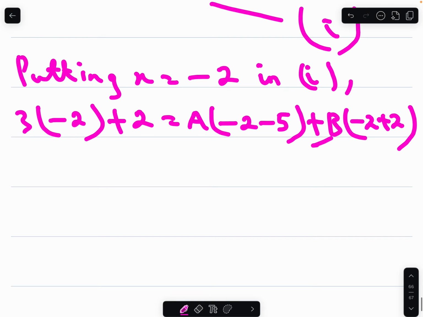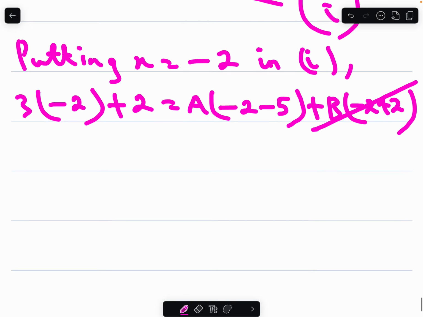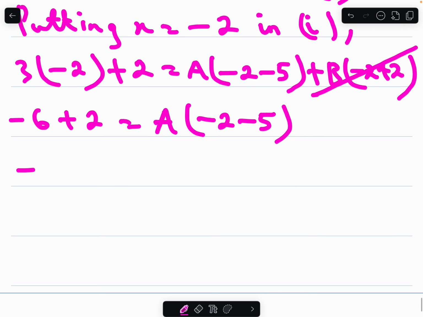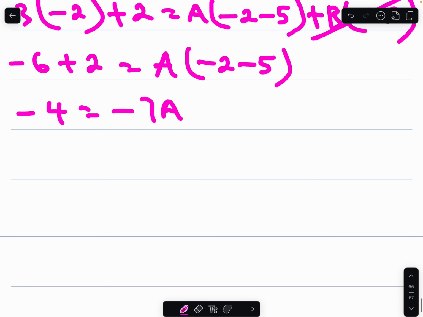This is 0 and will cancel out, and I'll be left with minus 6 plus 2 equals A into bracket minus 2 minus 5. That means minus 4 equals minus 7A, which means A equals 4 over 7 if you divide through by minus 7.